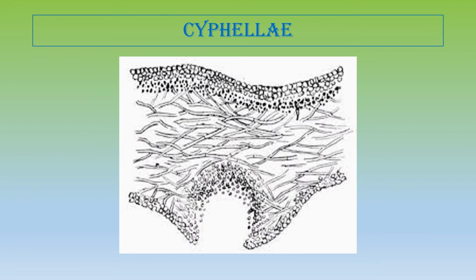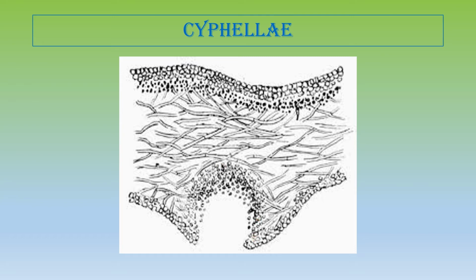This is the diagram of cyphellae, and there is also a structure called pseudocyphellae. In cyphellae, the lining of the breathing pore is composed of the inner cortex, and in pseudocyphellae, the lining of the breathing pore is of medullary origin.